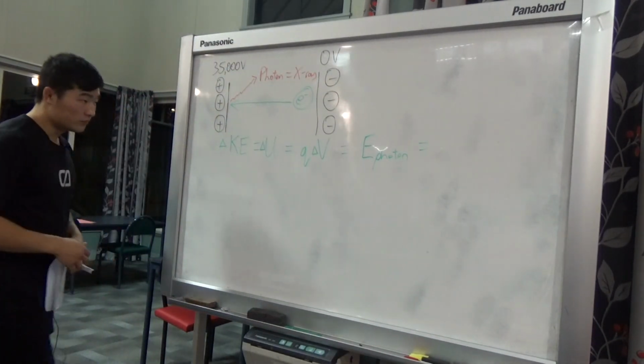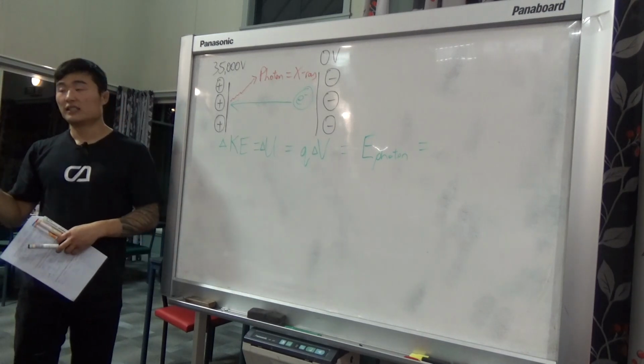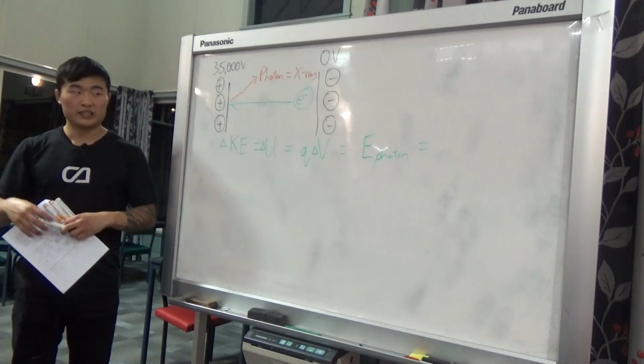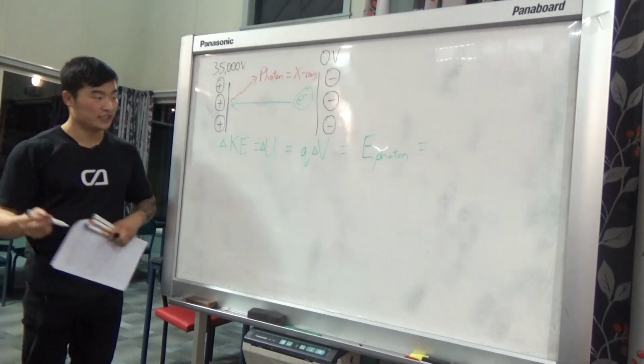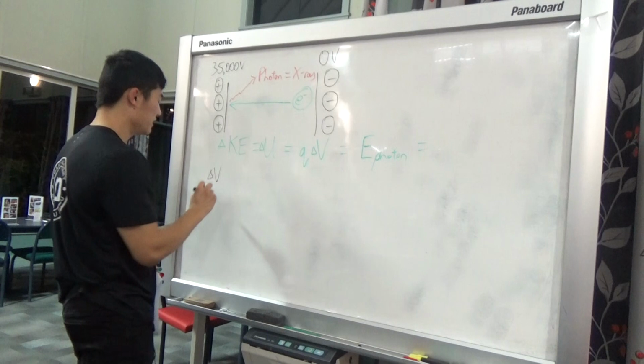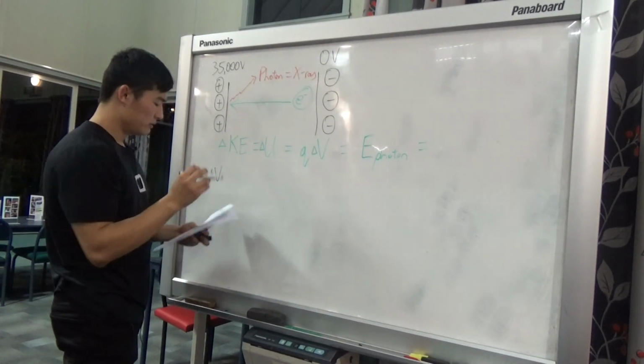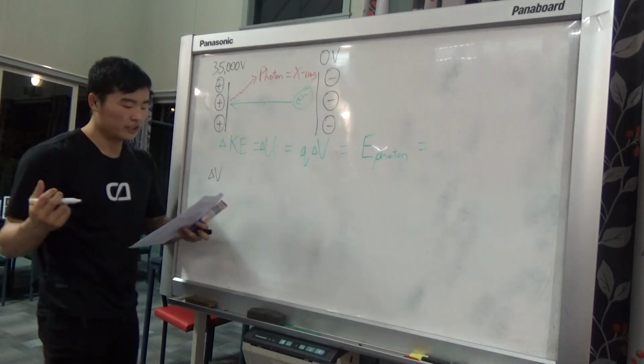So on my cheat sheet, I just have a column for X-rays, and what they're going to give you most commonly is just the voltage, the change in voltage, and that's all they're going to give you.